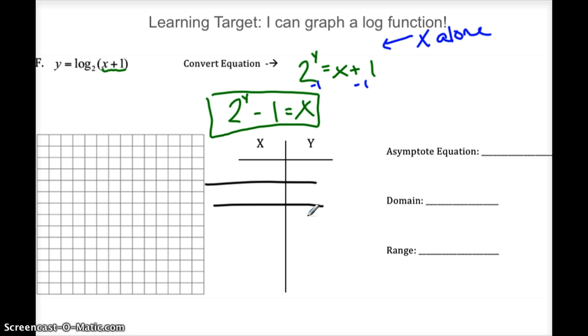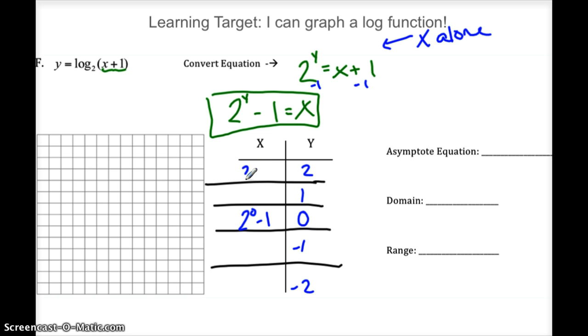1, 2, 3, 4, 5. Okay, and here's what I would love. In the middle of the road, I would love to have 2 to the 0 minus 1. So in other words, what did I plug in for y? I plugged in a 0. Okay, so then go 2 up from that and 2 down from that.